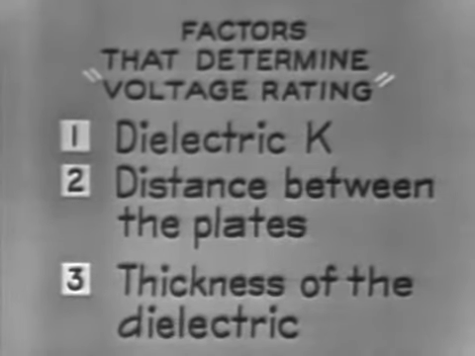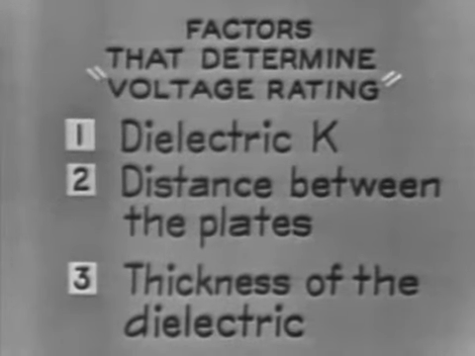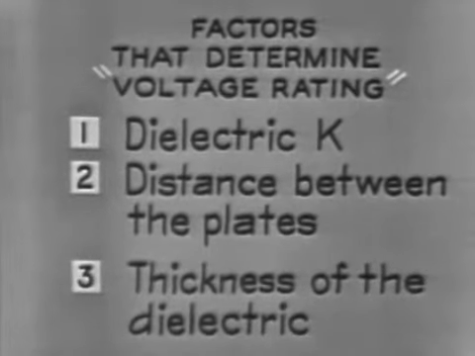Whether we get an arc or not depends on how far the current has to jump and the insulating quality of the dielectric. The further apart the plates are, the higher the dielectric K, and the thicker the dielectric is, the higher the voltage rating will be. Remember these factors: dielectric K, the distance between the plates, and the thickness of the dielectric.